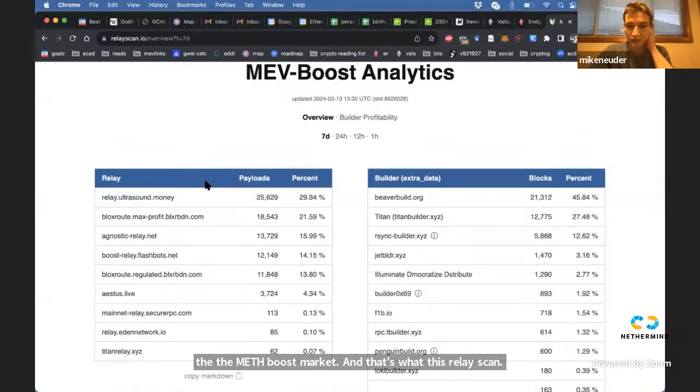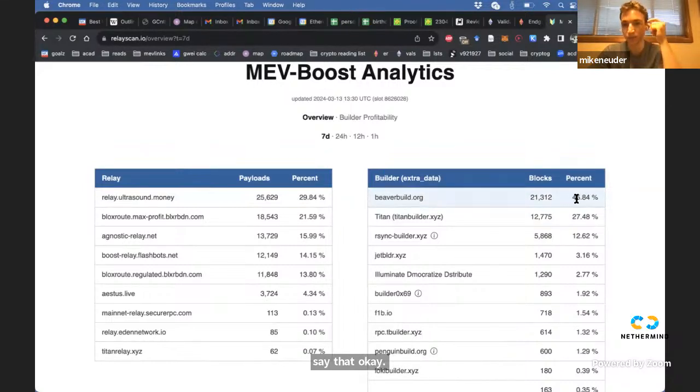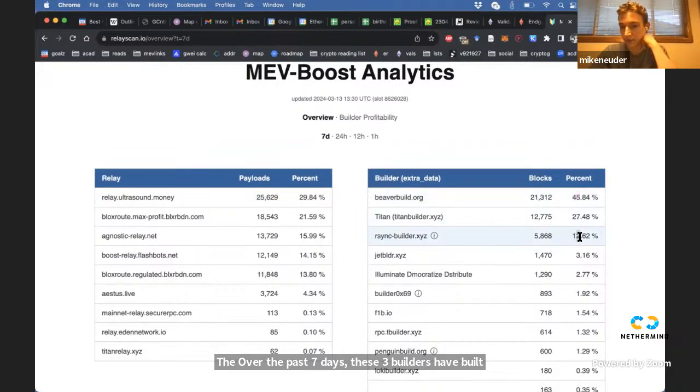We can ignore the relays for now and focus on the builders. Over the past 7 days, these 3 builders have built 45 plus 12 plus 27, I guess 84 or something.